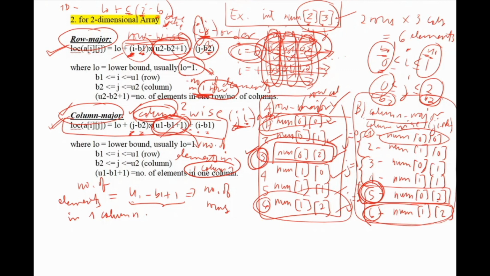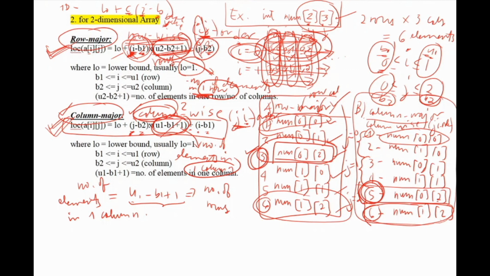And since it's not the same, it also means that we have two different addressing functions. So the addressing function for row major order is not the same as the addressing function for the column major order, because our primary reference here is the row. That is why this is I, and so this is number of rows. And the secondary reference is J.